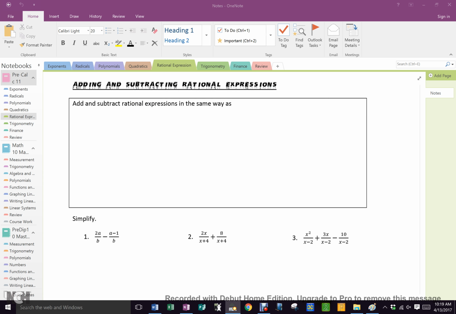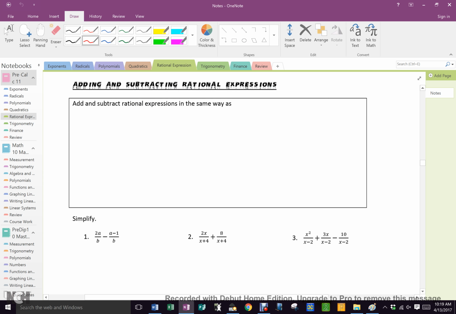When I add and subtract, remember we are dealing with rational expressions. Remember, rational means in this form, x over y. We add and subtract them the exact same way as adding or subtracting fractions.